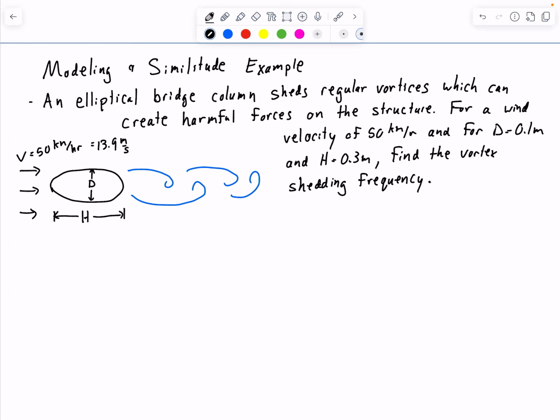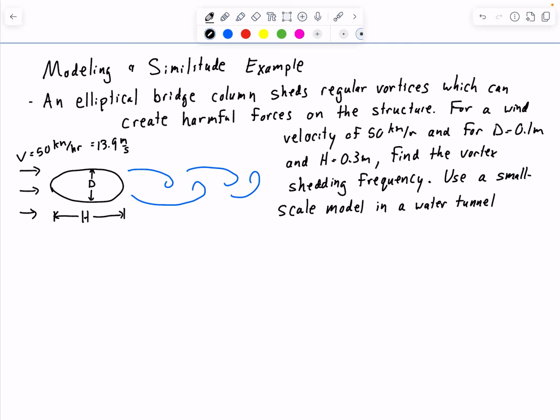Now to do this, we're going to use a small scale model in a water tunnel. So we're looking at wind, right?